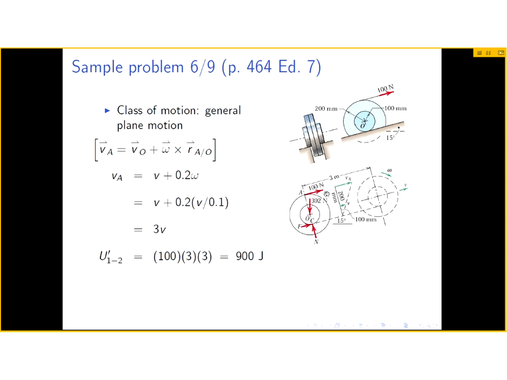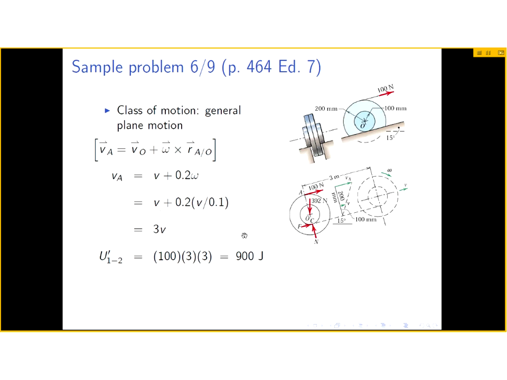And the work that the 100 Newton force does over this 3 meter displacement of the wheel, I'm claiming, will be the 100 newtons times the 3 meters times 3, because I'm claiming that if the center of the wheel moves through 3 meters, the cable actually moves 3 times that distance, because the velocity of the cable is 3 times the velocity of the center of the wheel.